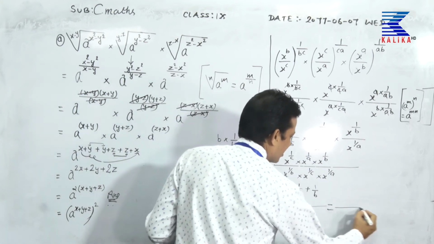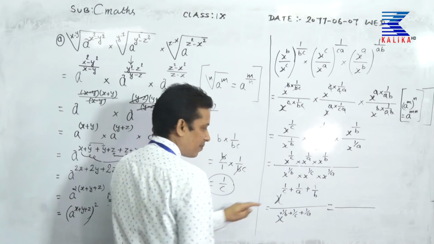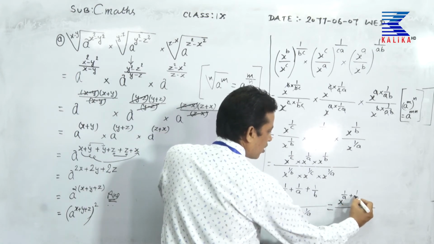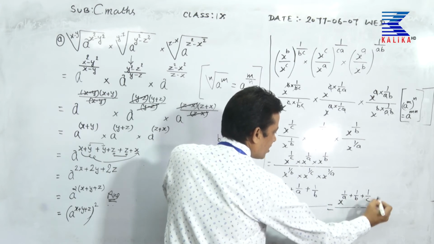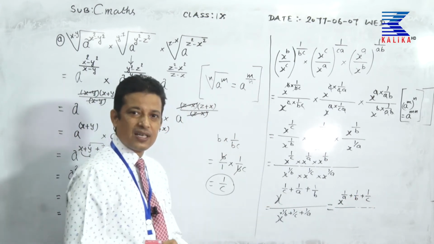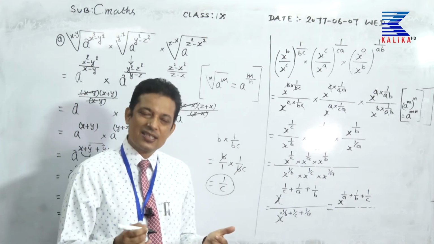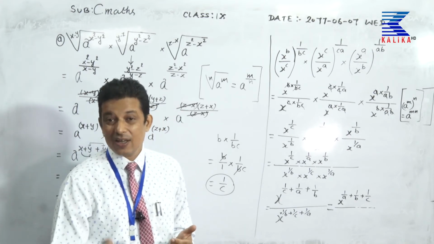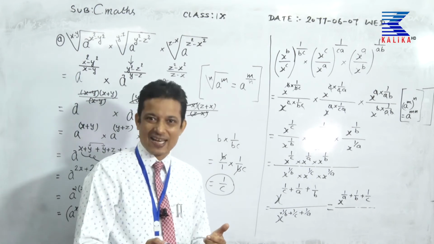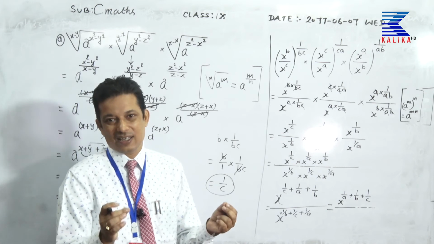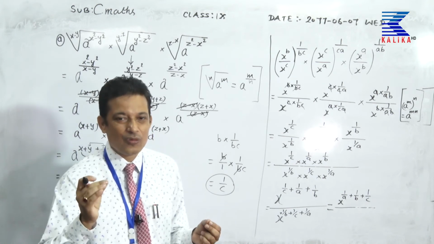Okay, as I was saying, beauty of mathematics, let us manage the term once: 1 by a plus 1 by b plus 1 by c. 2 plus 3 plus 5 is 10, 3 plus 2 plus 5 is 10, 5 plus 3 plus 2 is 10. In case of addition, terms can be here and there, but the sum remains always the same.